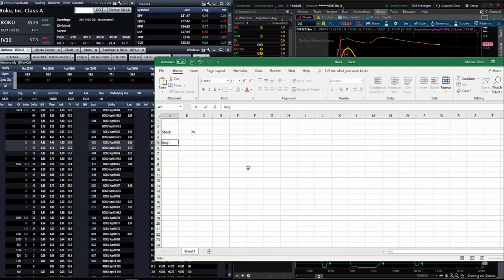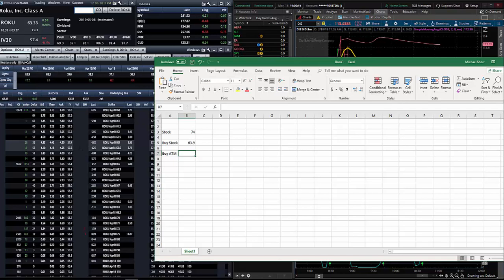So we could buy the stock, and let's just say that we bought the stock at 63.90. Okay, we could buy an at the money option. If we're trading 63.30 here, if we bought the 63 half call, it's slightly out of the money.